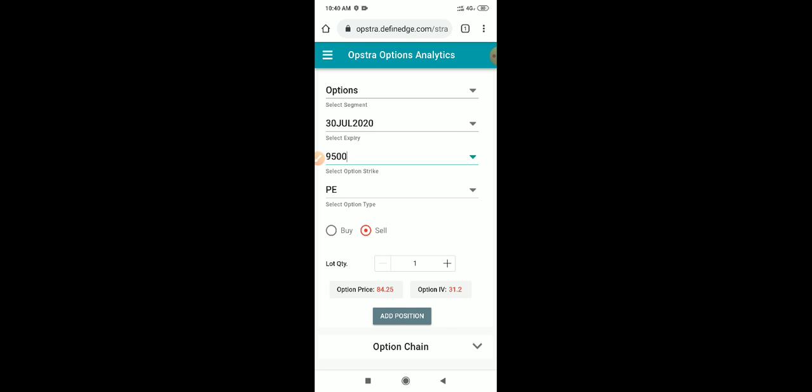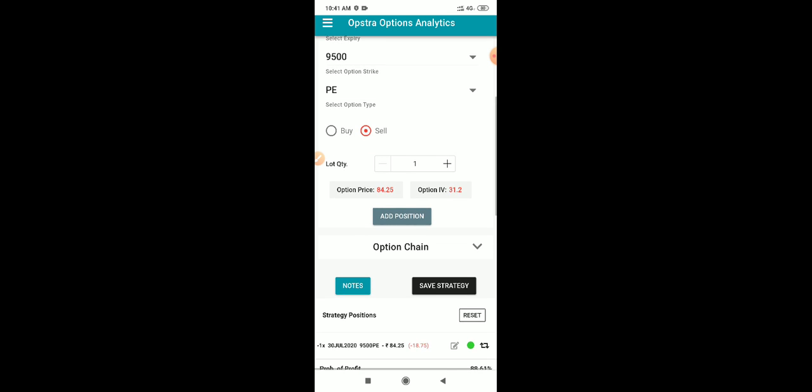For selling purpose, now it's trading around 84 rupees. It's a monthly expiry price. Please don't select weekly expiry prices.